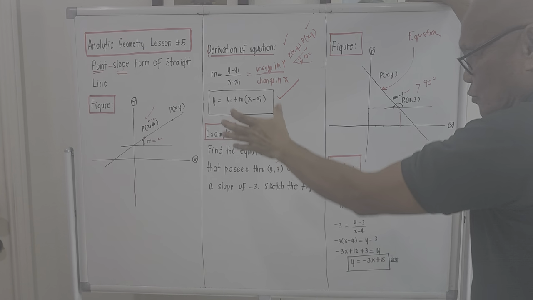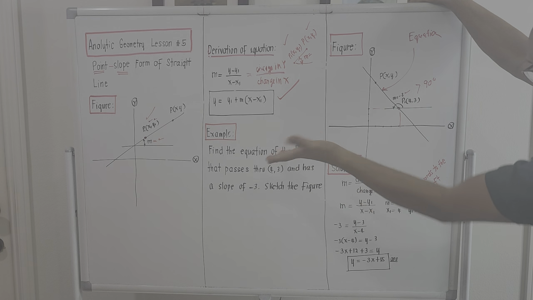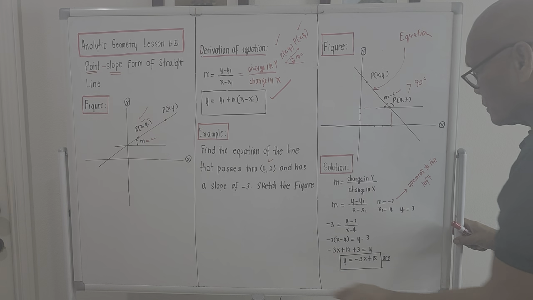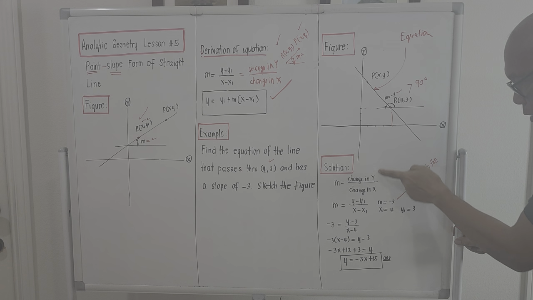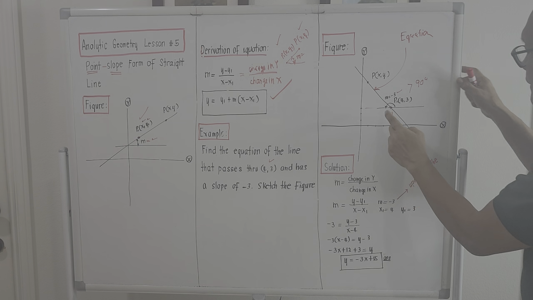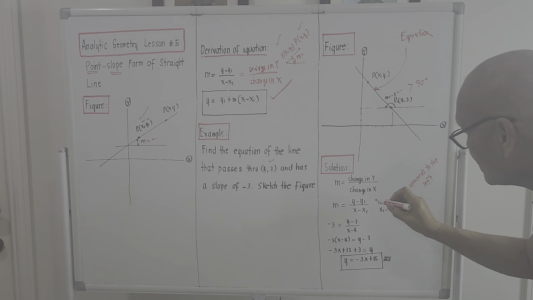Again, we start with this one. We could follow this immediately, or we could start from the definition of slope. Slope, by definition, under the study of analytic geometry, is the change in ordinate over the change in x, or the change in y over change in x. So considering P1 and P, this will be the required equation.